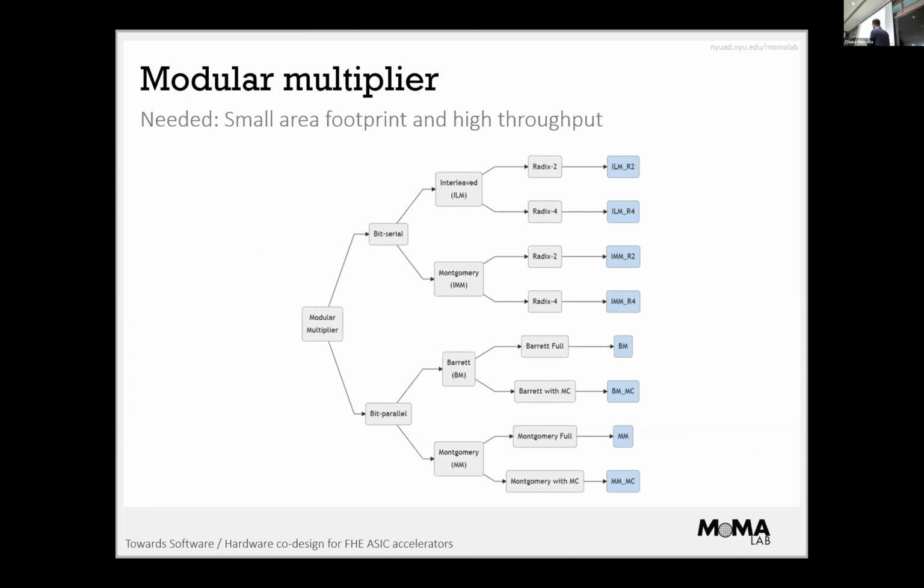Modular multiplication can be seen in two big groups. One is you operate on bits in parallel, or you operate on bits serially, one by one, right? By themselves, you understand the classes have different properties. The bit serial is probably smaller and slower. The bit parallel is faster and bigger.